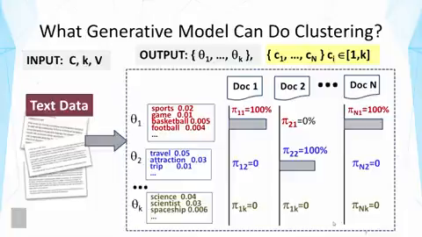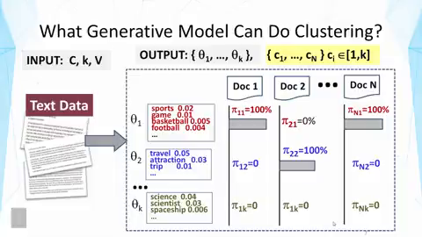So the question now is, what generative model can be used to do clustering? As in all cases of designing a generative model, we hope the generative model would adopt the output that we hope to generate, or the structure that we hope to model. So in this case, it's the clustering structure, the topics and each document that covers one topic.